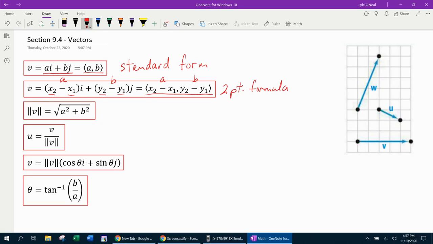Next formula is for finding the magnitude of a vector. Magnitude could also represent the length of the vector. And at the bottom here, we have the direction angle.